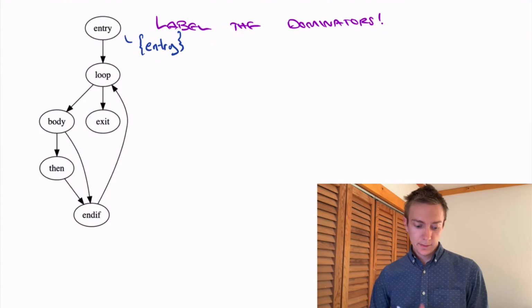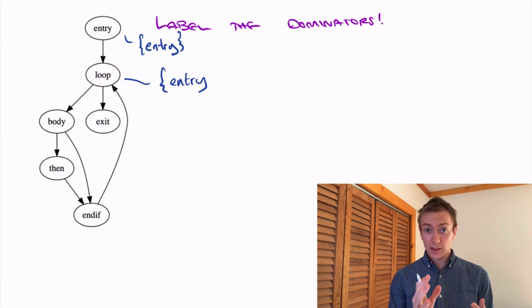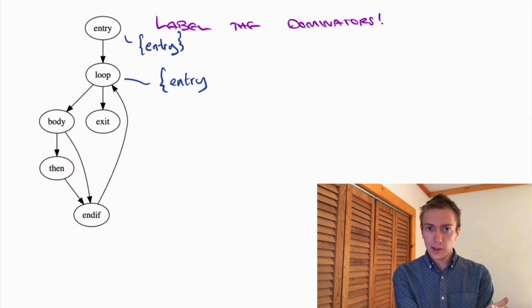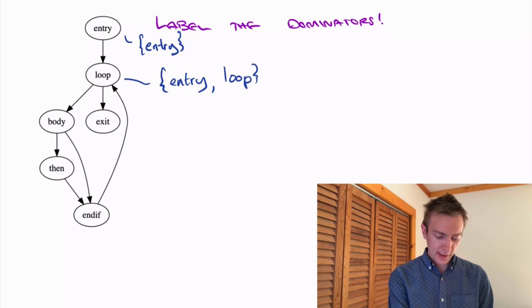Let me show you my answers. We've already labeled the entry block. Let's label now the loop block. The ones dominating that are entry. Certainly it's true that once you execute the loop block, you must have at some point in the past executed the entry block. And also there is the reflexive aspect, so loop dominates itself.